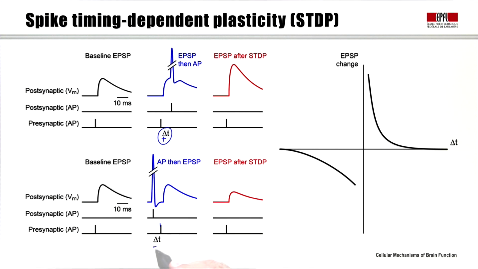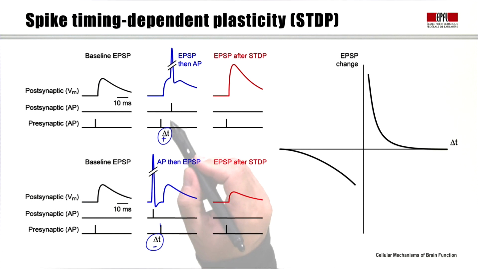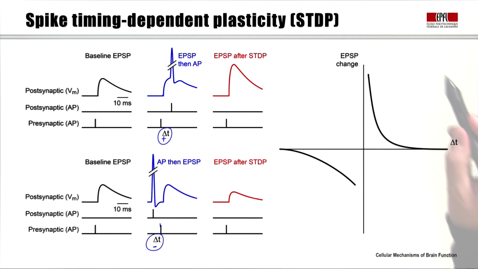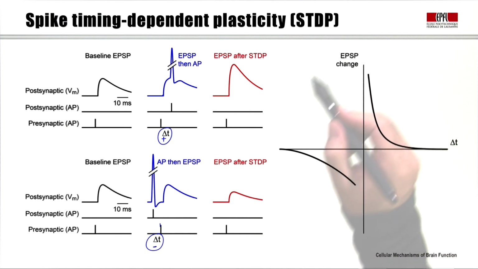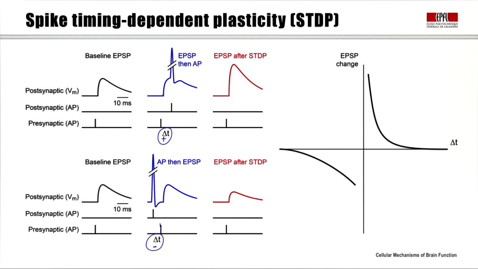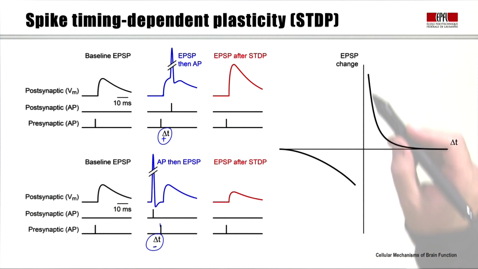And so this is at so-called negative delta T intervals where the postsynaptic cell fires before the presynaptic cell. And by measuring what types of plasticity happen when you vary this time interval between presynaptic and postsynaptic spikes, you can build up a timing curve of the plasticity, the change in the EPSP amplitude.